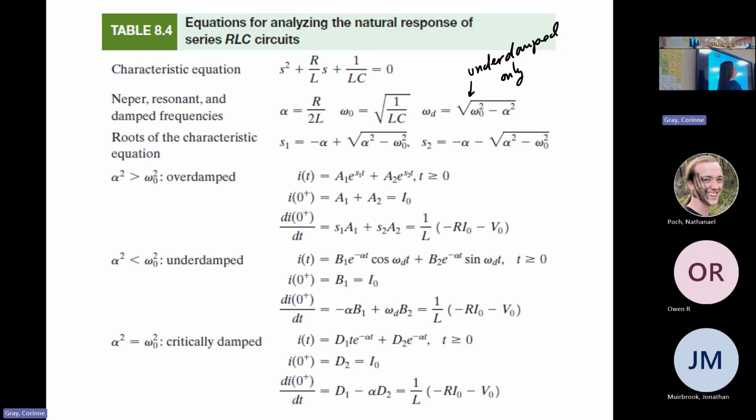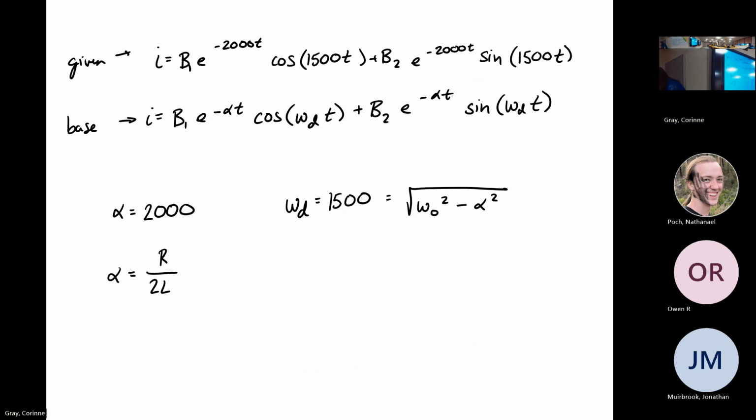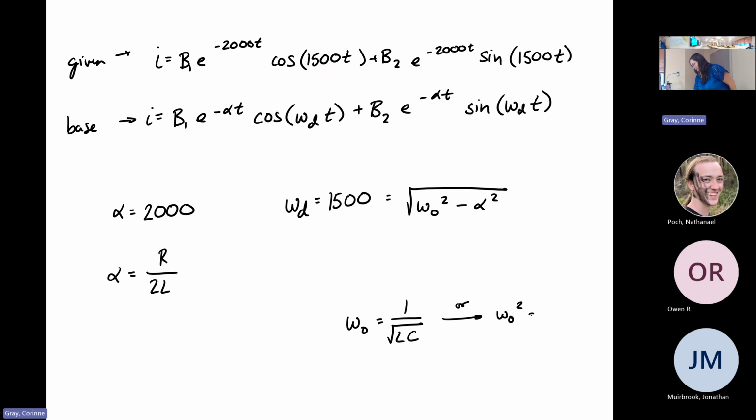Get omega naught, solve for L, to solve for R. We don't have time to do that, so we're just going to write out one equation. Omega naught is equal to 1 over the square root of LC, or omega naught squared is equal to 1 over LC.